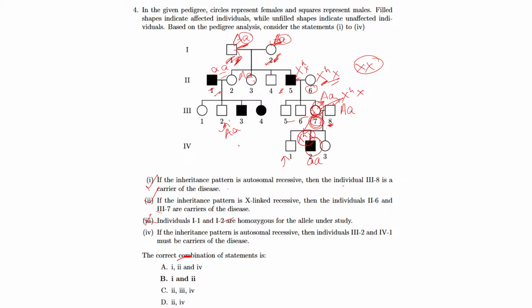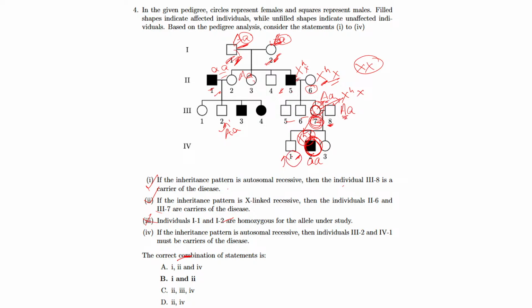But at the same time, if I check the 4-1 part, there is an association of disease with the progeny from 7 and 8, and 4-1 is also a progeny from 7 and 8. If I check the genotype of this particular one, I can see there is a heterozygous condition.